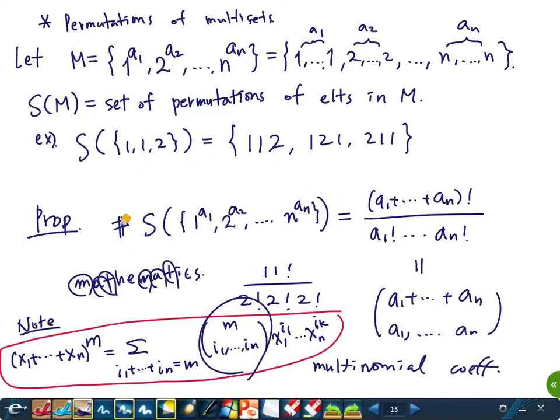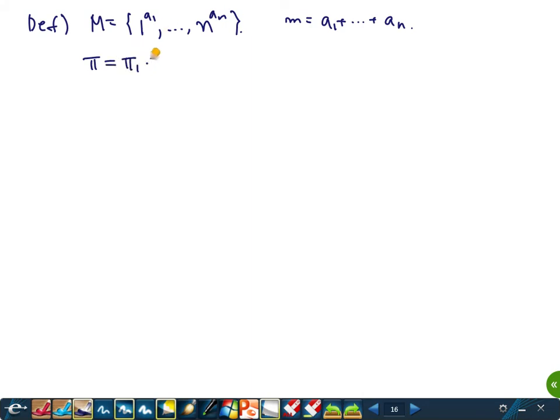Okay, we know the cardinality, but we will prove more than this. Definition. So again, let's say M is this. And for convenience, let me define their sum. And let's say pi is a permutation of these elements, so you must have m elements like this.